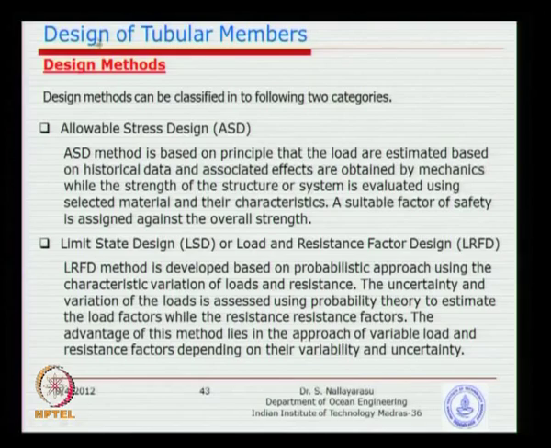So, allowable stress design is nothing but we have a design load, we have a design resistance, and both of them are arrived at by historical experience based on certain testing, not complete, but we do not evaluate scientifically the resistance as well as the load pattern. That means there is still an uncertainty of evaluation of either the strength or the loads.